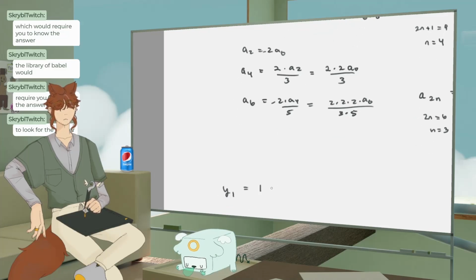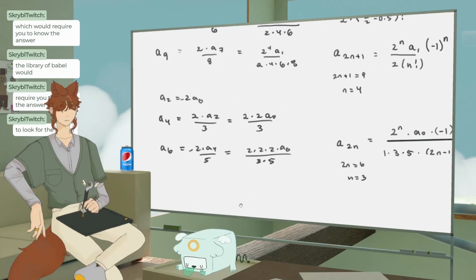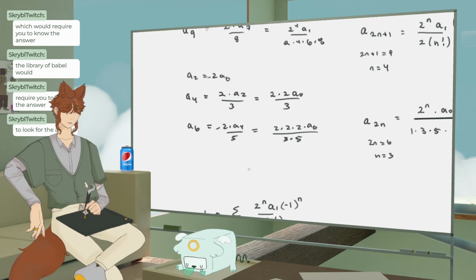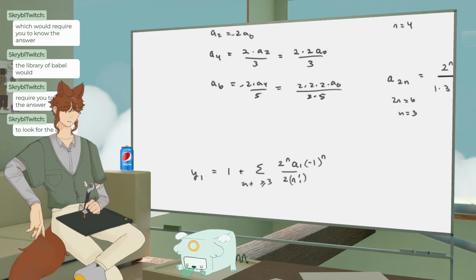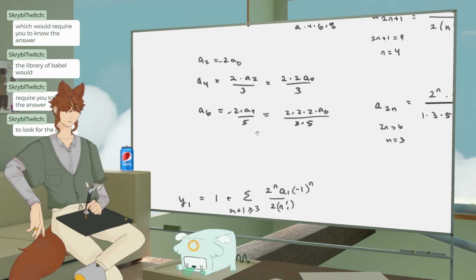Oh no, sorry, 1 plus the sum from n greater than or equal to 3 of a1 over 2n, negative 1 to the n. Now, I guess this is 2n plus 1 greater than or equal to 3, because we're saying that, yeah. Is that right? Yeah.